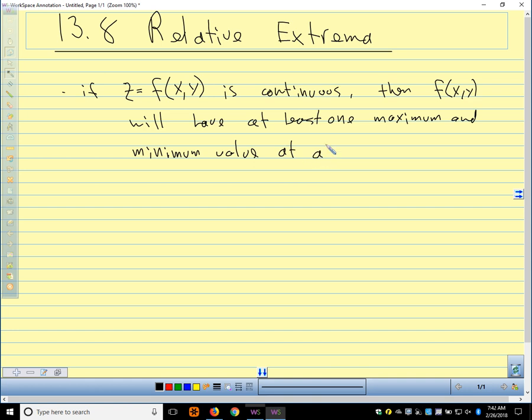Let's see, what do I want to say? At least one maximum and minimum value. I already said at least, so I'm going to erase this and say in a closed bounded region.